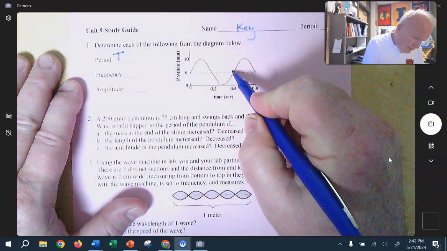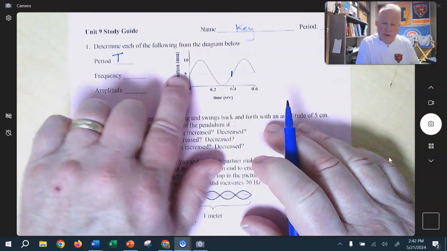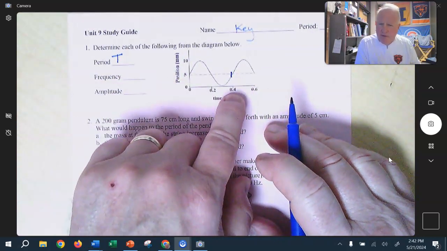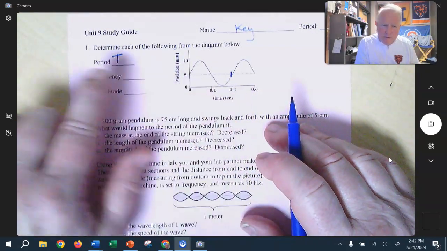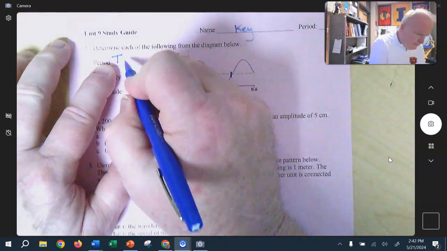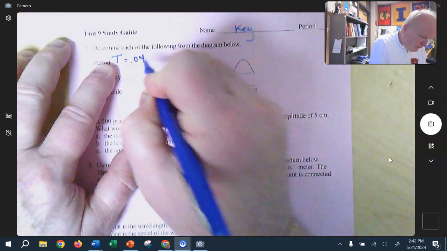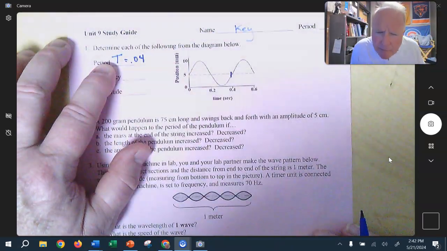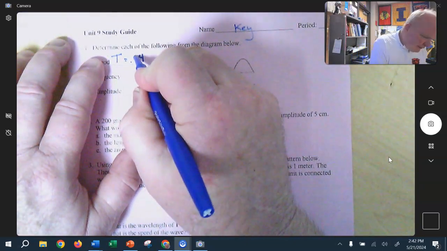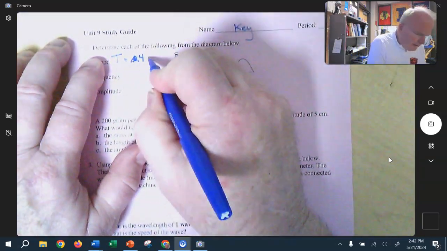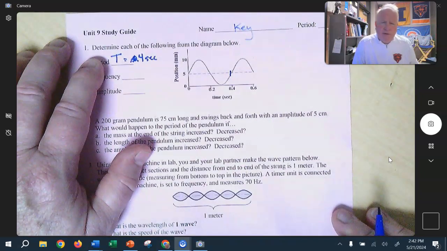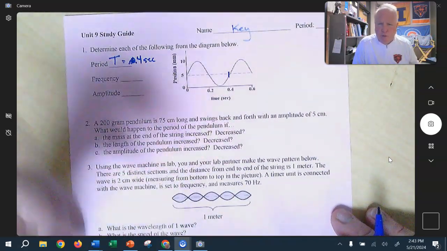So a complete wave is from here to here, and that is 0.4 seconds. So the time for the period is 0.4 seconds, and since it's a time, we give it a time: 0.4 seconds for one wave.